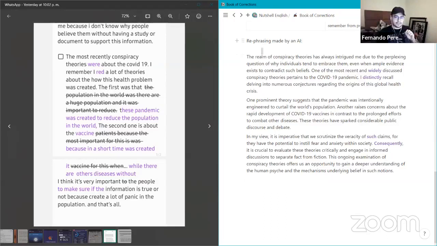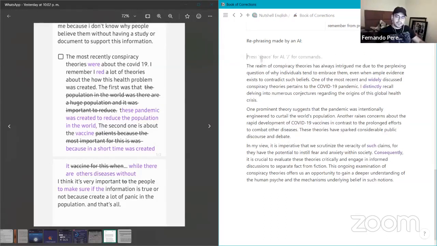I know that it sounds very complex. The reason it sounds like this is because I asked the AI to make it appropriate for an opinion article.